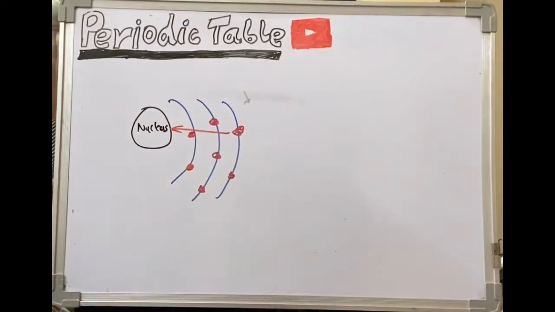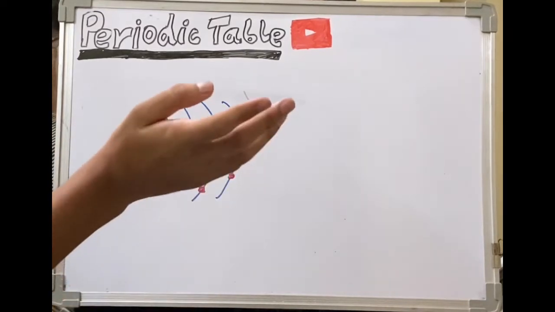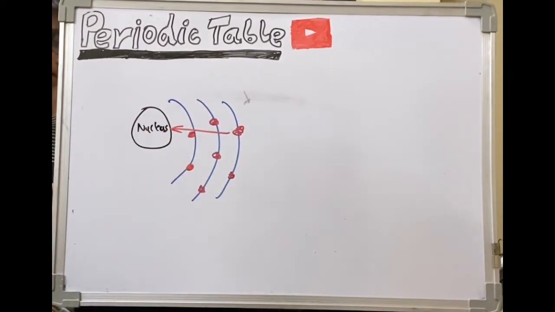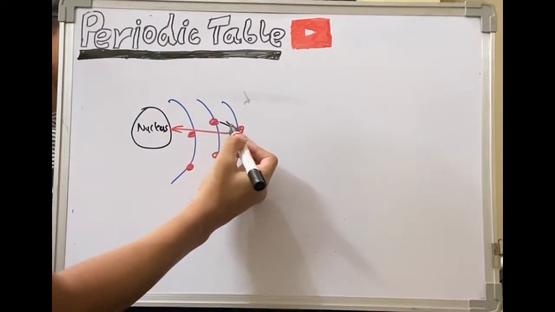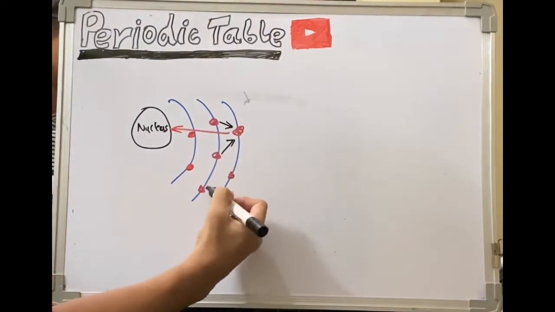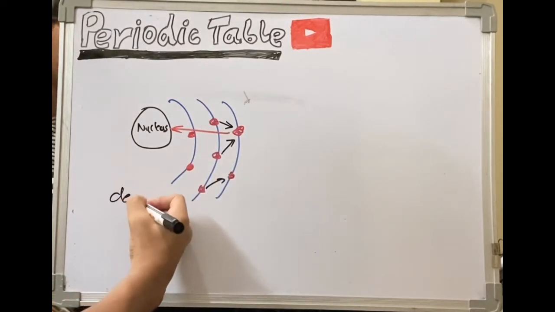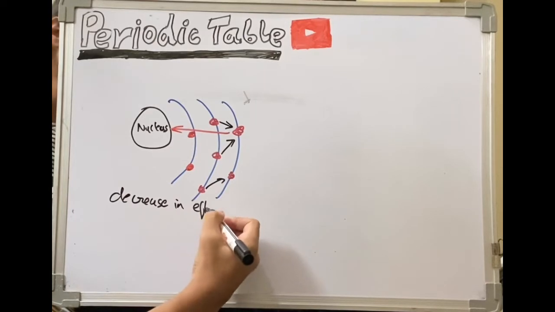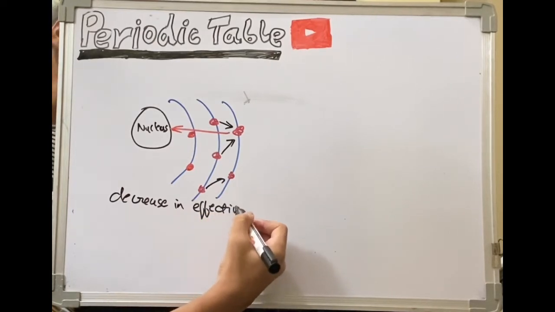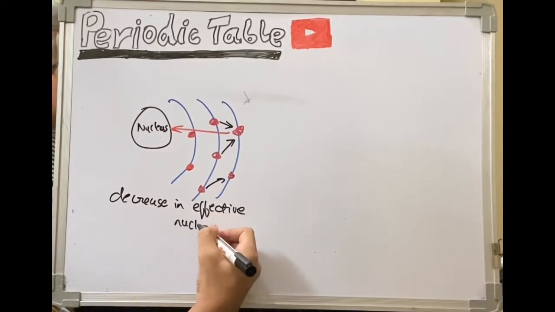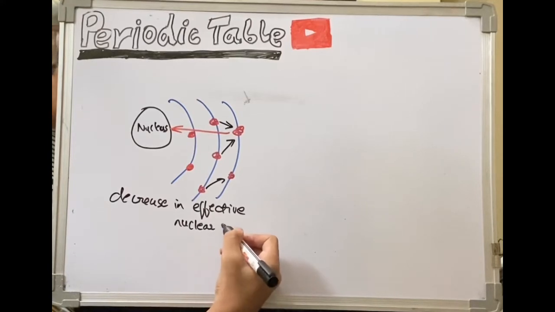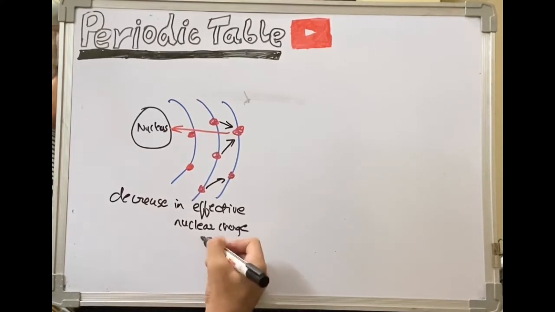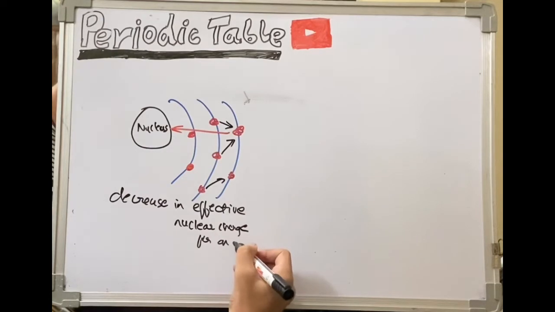For a given electron, this doesn't happen under the influence of only one force, that is the force of attraction, but due to like charges of electrons, there is repulsion as well, which results in a decrease in the effective nuclear charge for an electron.